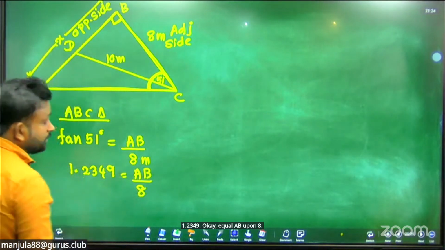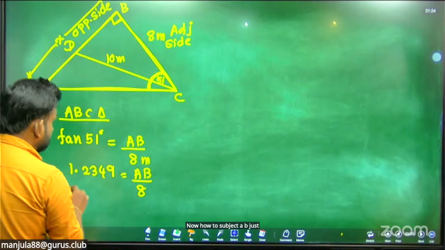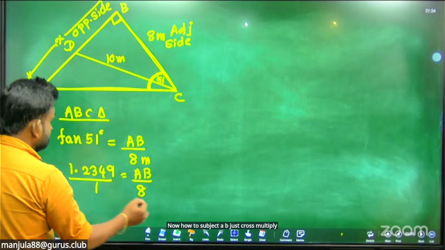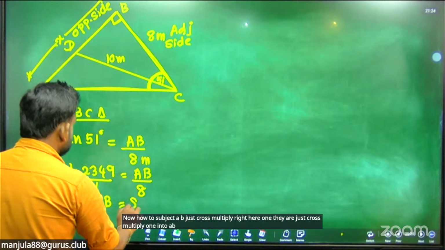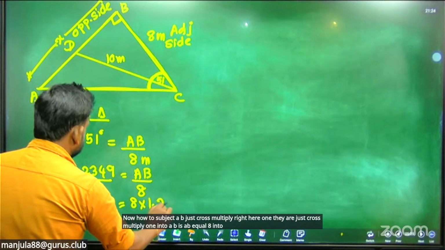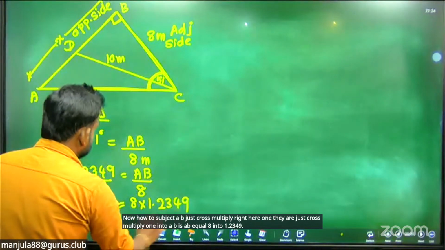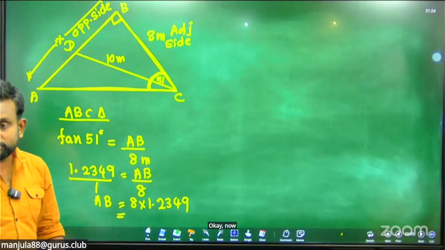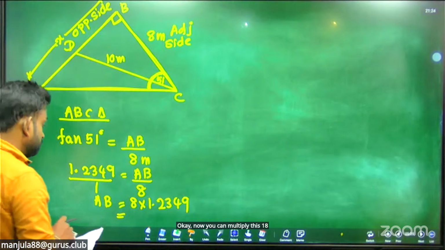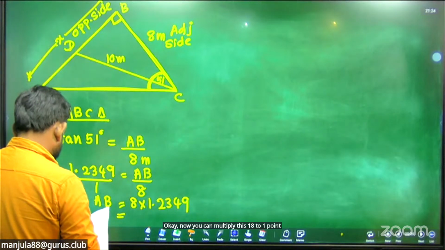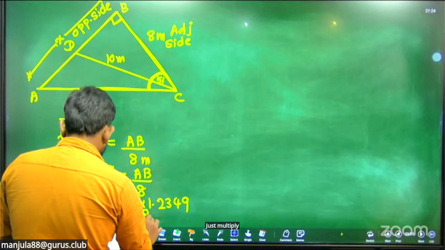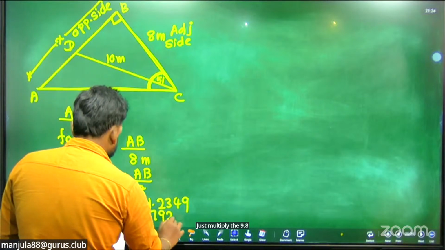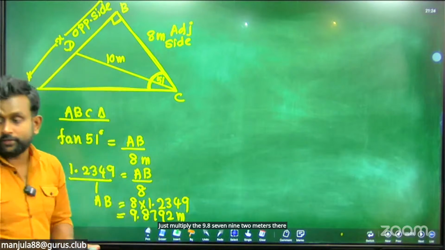Now how to make AB the subject? Just cross multiply. AB equals 8 into 1.2349. Multiply this, then 9.8792 meters.